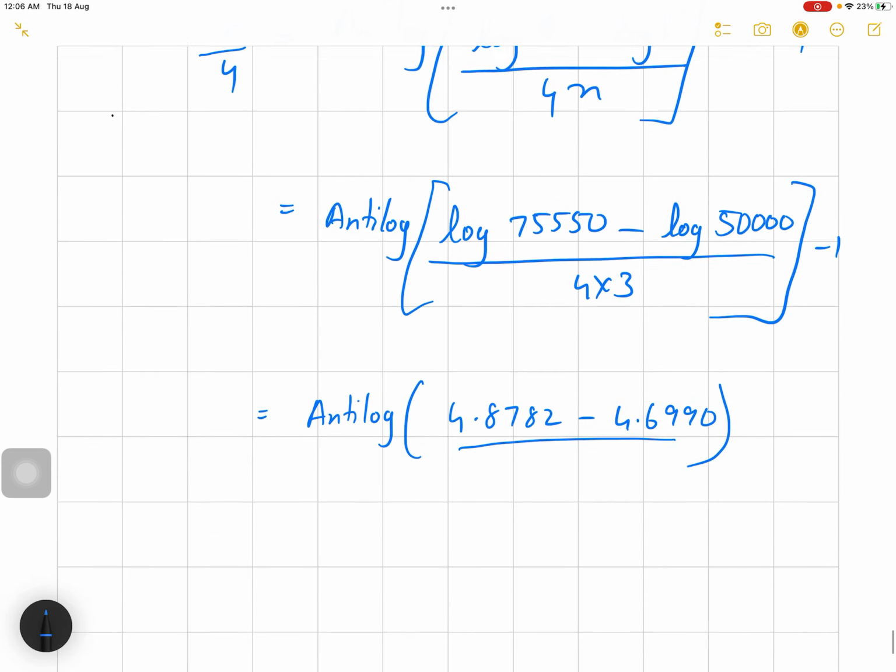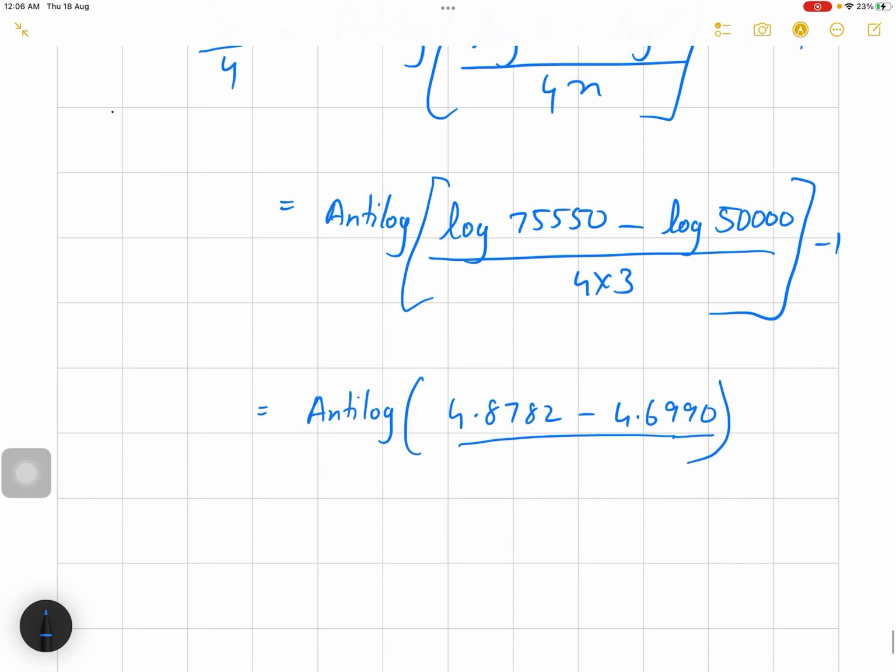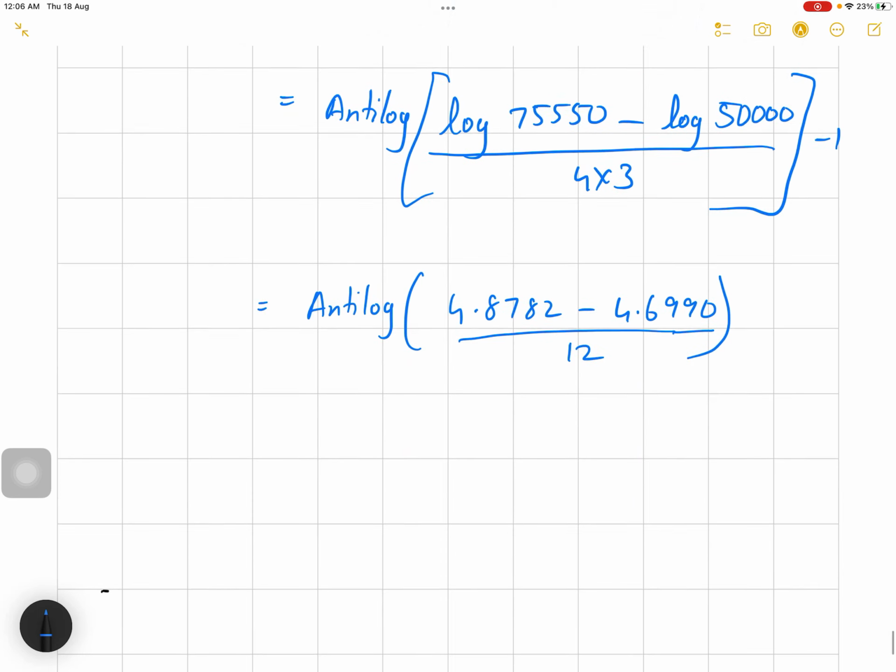Divide by 4 into 3, which is 12, minus 1.